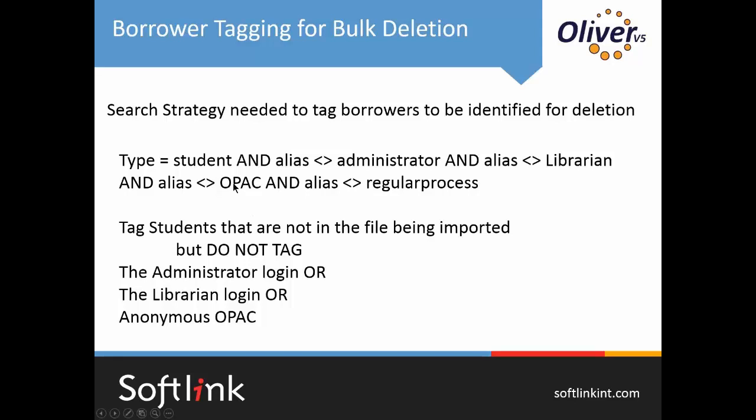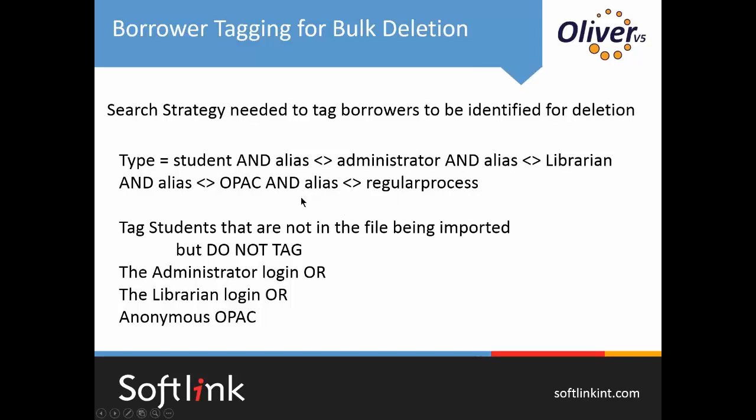We have an OPAC borrower, so that's what you see before you log in. We don't want that tagged for deletion. And we also have a regular process borrower. That controls things that occur overnight in your housekeeping. Again, ABL is part of that if you've got it. The accelerated reader updates also processed as a regular process, so we don't want to delete that.